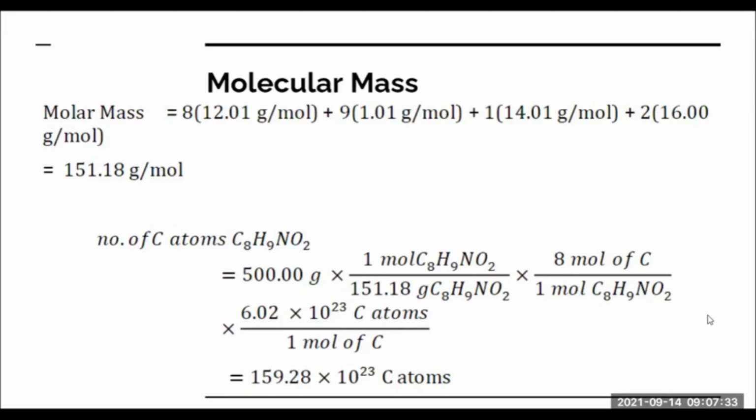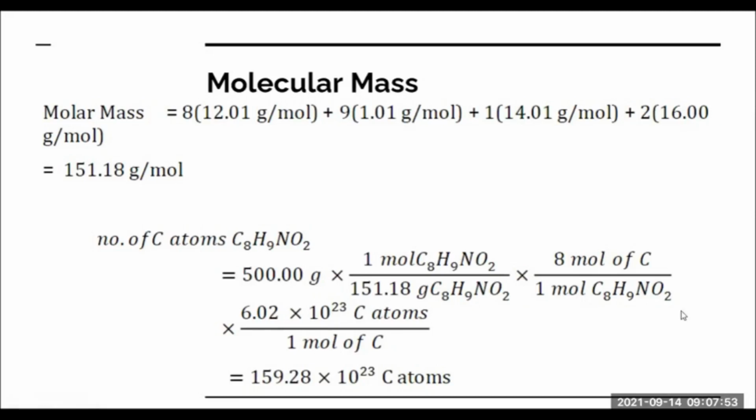That's why we have 16 and they have 160. It's still the same, still equal. So ours is not wrong. So 160 times 10 raised to 23 carbon atoms, or 16 times 10 raised to 24 is still the same.